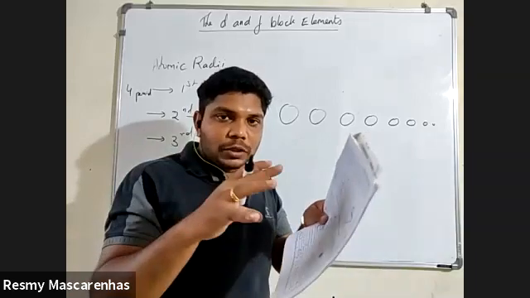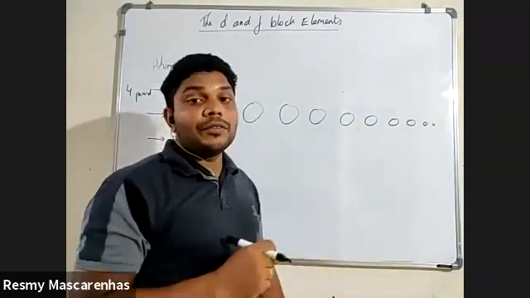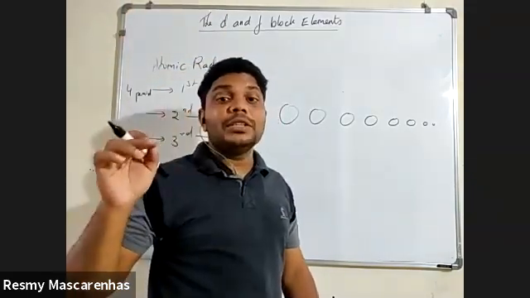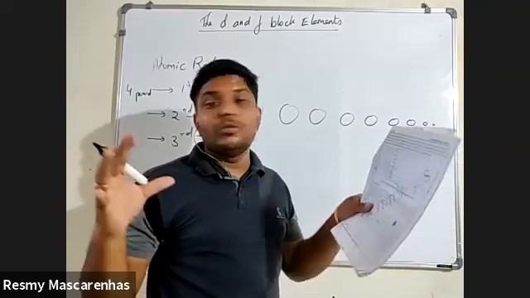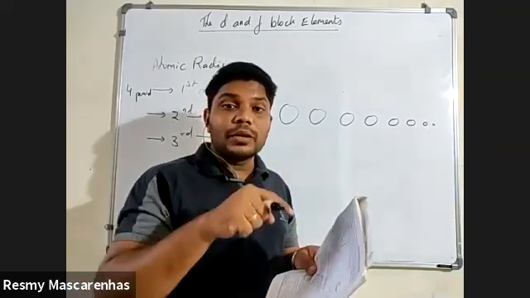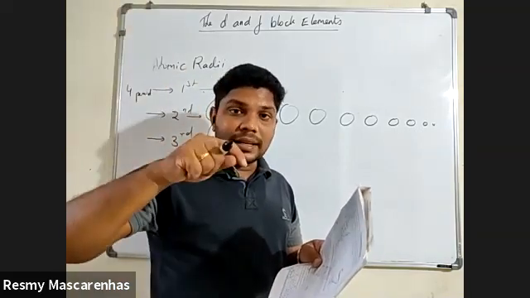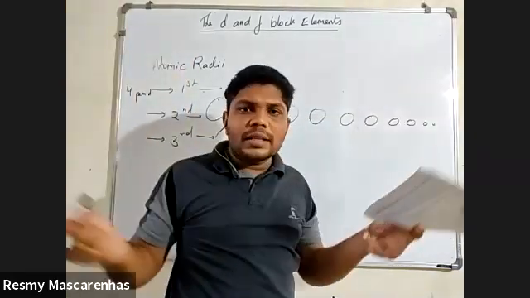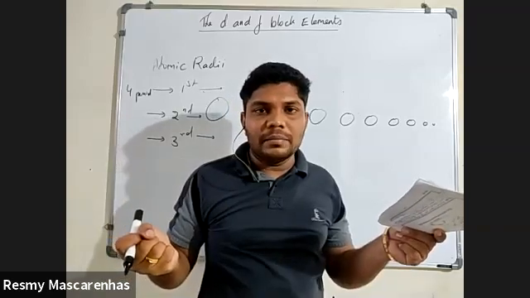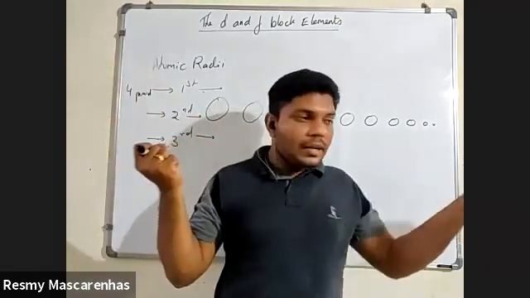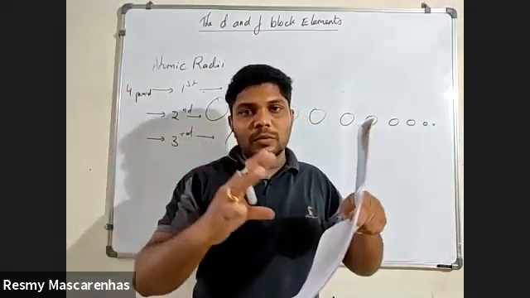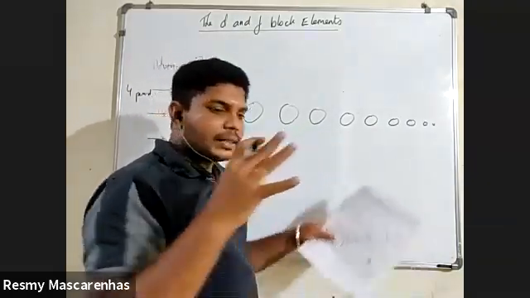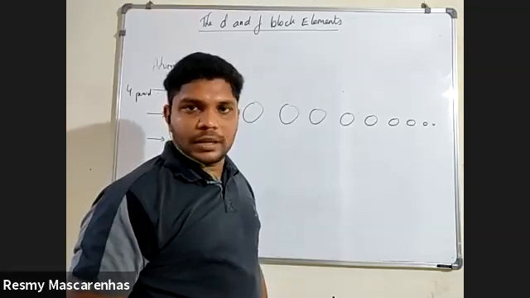If electrons are increasing, that means nuclear charge increases, and attraction between the nucleus and the electrons increases. It will attract from all sides, so size will become smaller and smaller. So as you go from here to here, atomic number and electrons increase, and as such the atomic size decreases. Understood the concept?